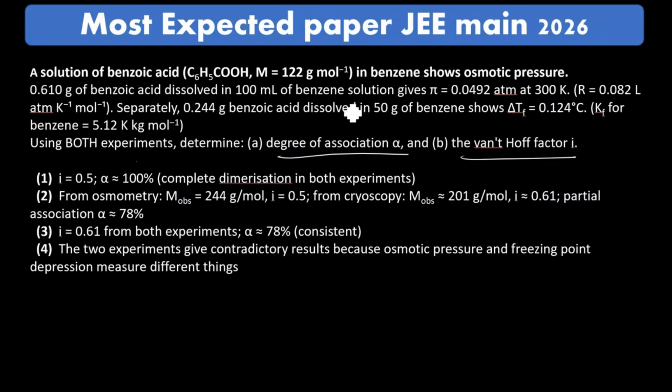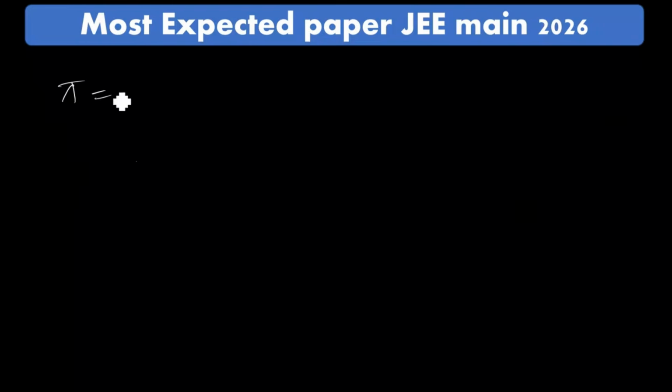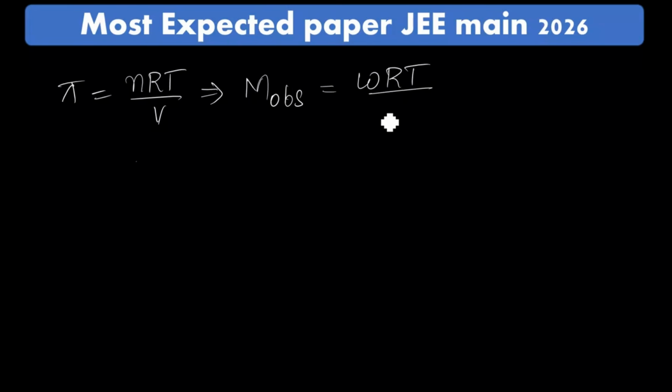First of all, they have talked about the osmotic pressure. So what we know is pi is equal to CRT. C, I'm taking it as n by V. So nRT by V, which will give you the observed molecular mass, which is weight times RT by pi V. Substitute the values over here. What are the values given?